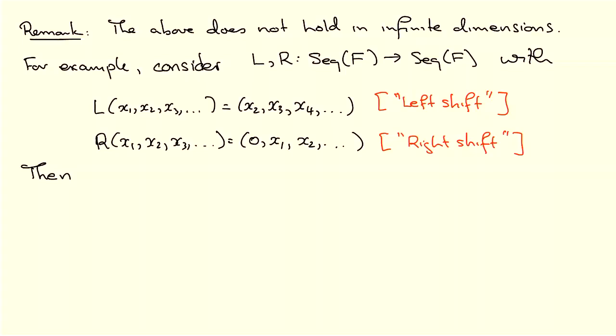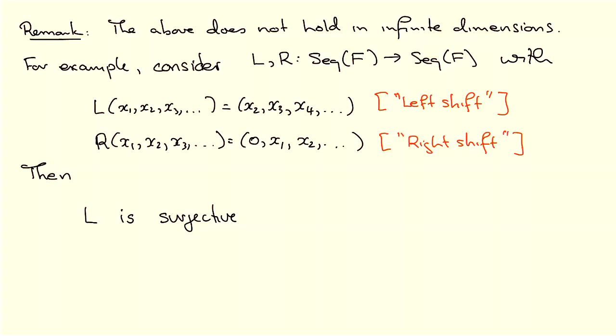And yeah, these give examples where one of them is injective but not surjective, and the other is surjective but not injective. Let's work that out. So L is certainly surjective. That's obvious. You get every sequence popping up on the right-hand side, because if you've got an infinite sequence, then chopping off the first thing is still an infinite sequence.